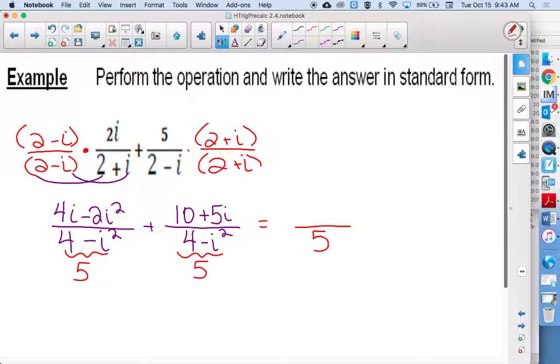So if you combine like terms, we have i's, so 4i and 5i make 9i. And then the negative 2i squared, Emma, becomes 2. And 2 and 10 give you 12. So 12 fifths, and then 9 fifths with the i.